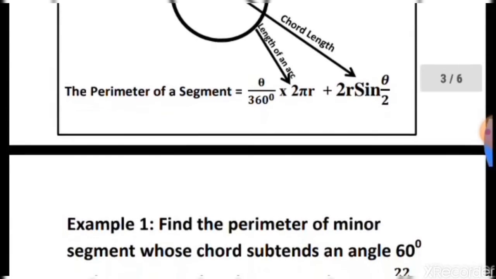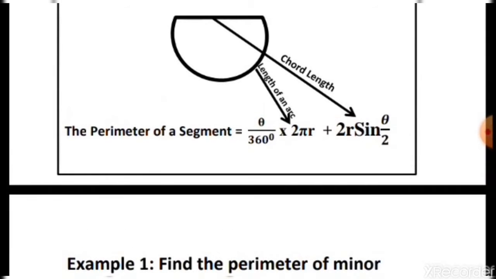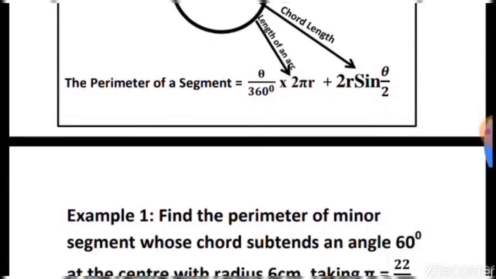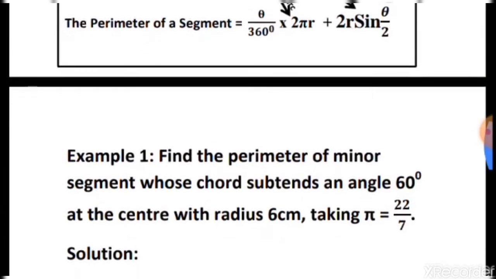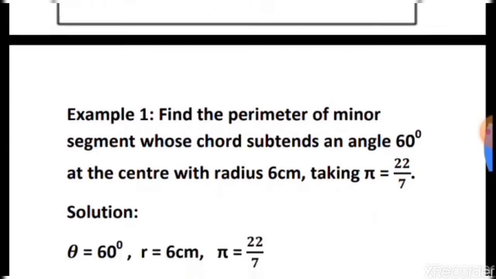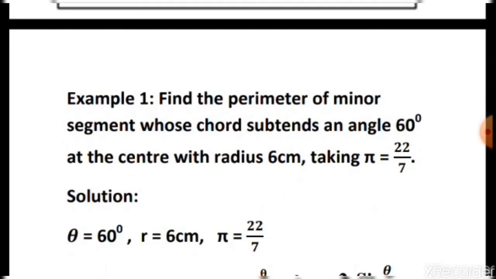So let's look at the first example. Find the perimeter of minor segment whose chord subtends an angle 60 degrees at the center with radius 6 cm, taking pi to be equal to 22 over 7. So solution. Quickly, from the example 1, there are some information we have there.